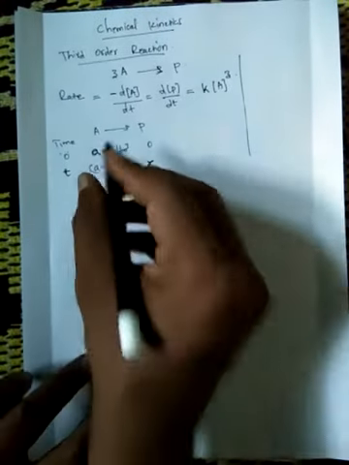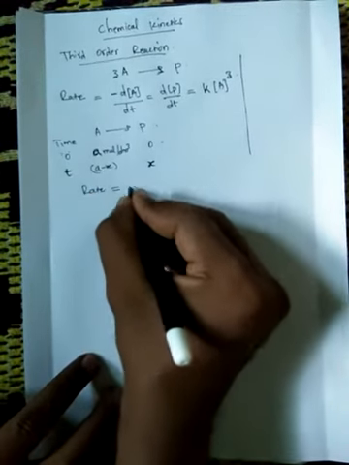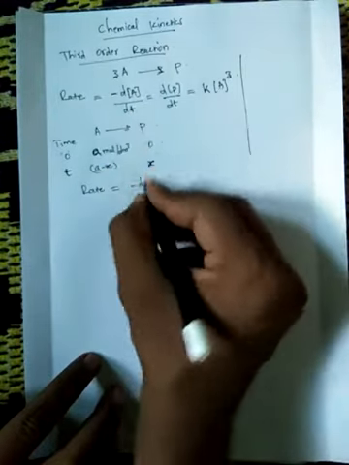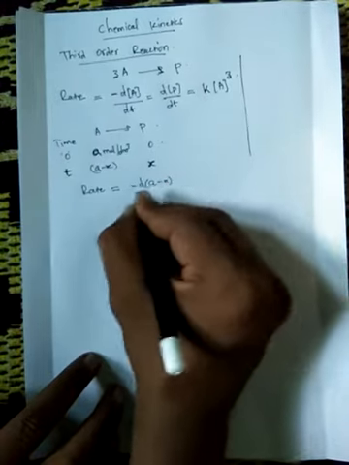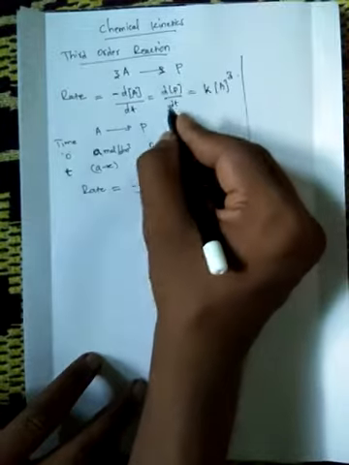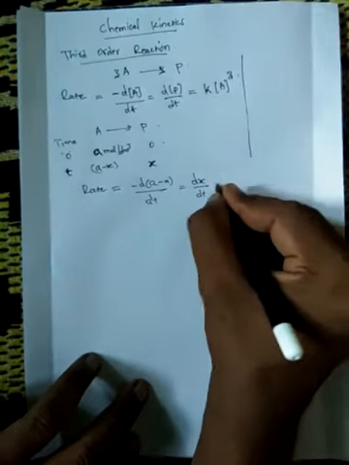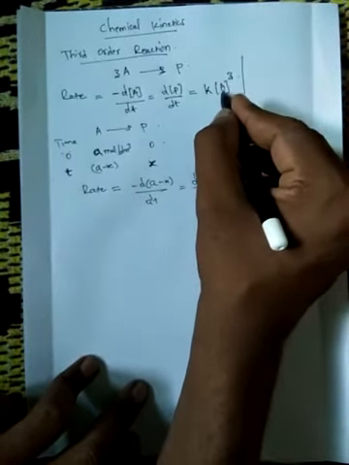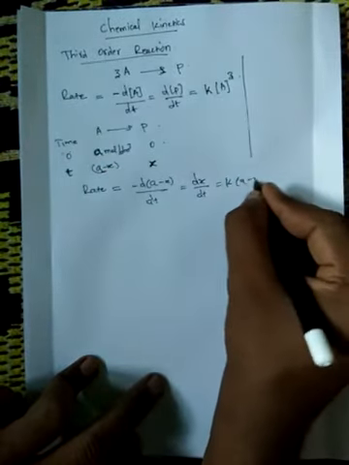So at time t, you substitute here, rate equal to minus d of concentration of reactant, which is A minus x, by dt, equal to d concentration of product, which is x, by dt, equal to k times concentration of reactant A at time t, A minus x, power 3.